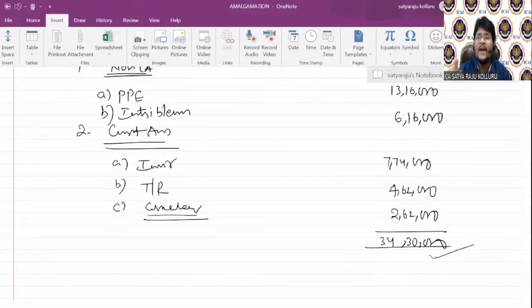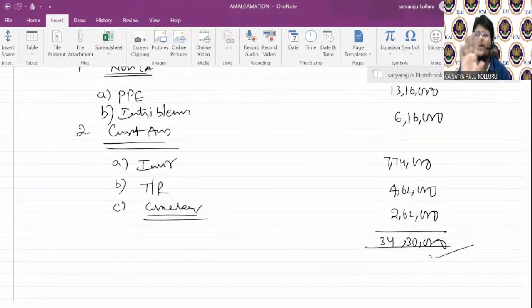But the profit derived due to acquisition of business should not be utilized for distribution of dividend. That's why at the time of getting profit, I told you to transfer it to capital reserve. But at the time of losses, you can reduce the existing profit and loss account or general reserve. That's why you should not transfer it to goodwill. You should knock it off with the profit and loss account or general reserve. That is the reason, guys.